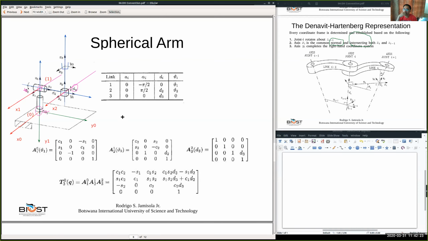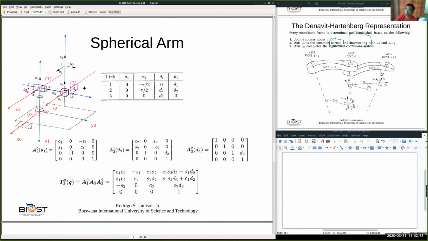Okay? So now, I'm still not done with time. So that's our X2. So now we identify the origin of our frame 2 to be here, where X2 and Z2 intersect. Okay? And so we choose our origin of frame 2 to be here. And because of that, where is our Y2?